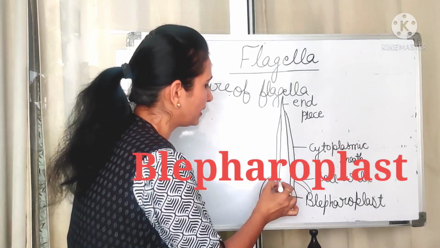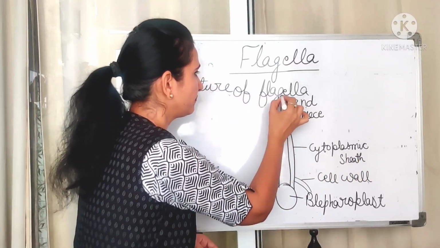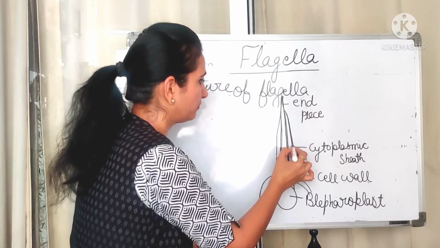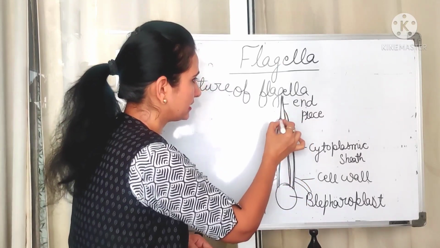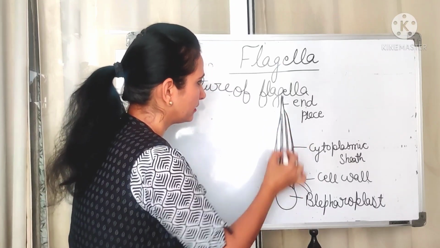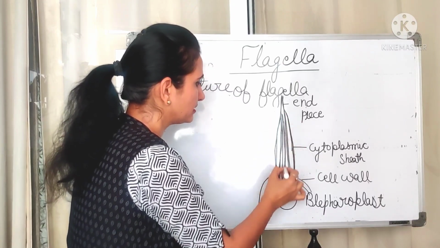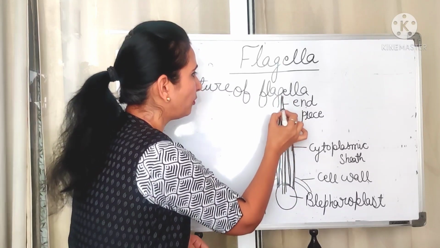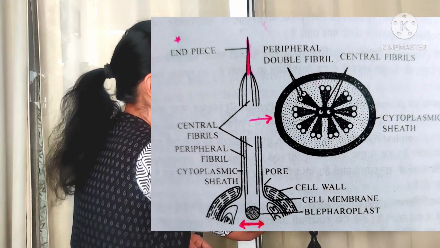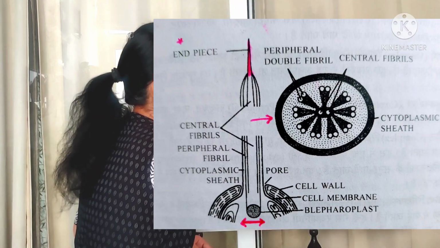From the blepharoplast it has emerged out, and the flagella is covered with the help of the cytoplasmic sheath. This is the cytoplasmic sheath, okay, and here there are 11 fibrils. The end portion of the flagella, which is not covered by the cytoplasmic sheath, is known as the end piece.